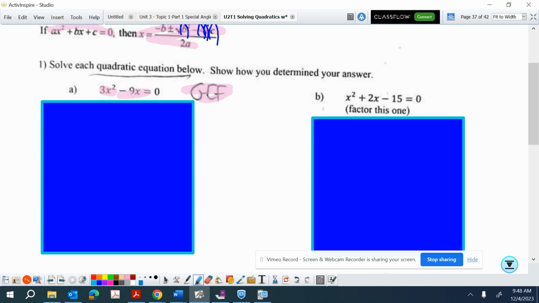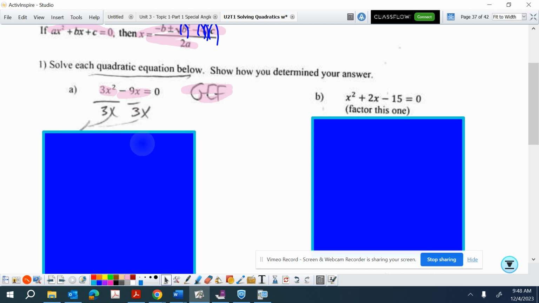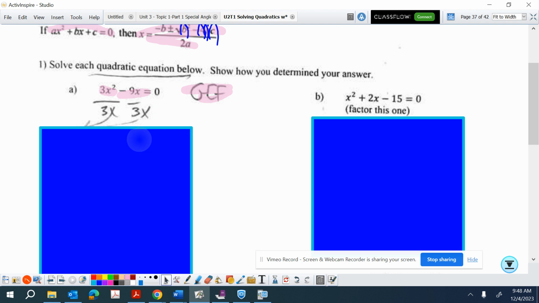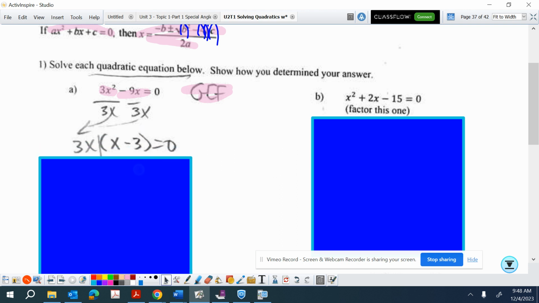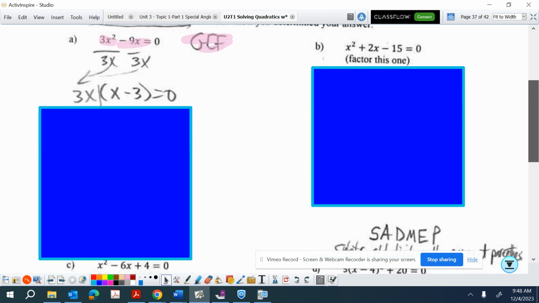And also, I notice that I can divide both 3x squared and negative 9x by the same number. That same number is 3x. So remember, 3x doesn't go away. It goes over to the side, and then I do separate divisions of 3x squared divided by 3x and negative 9x divided by 3x. And this is what it looks like in factored form.